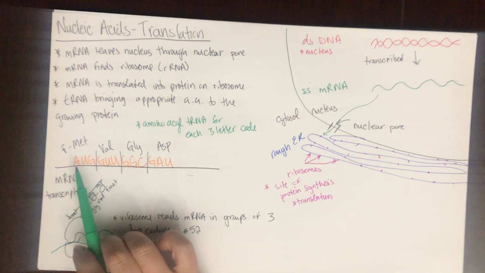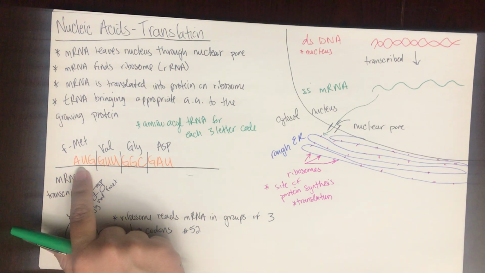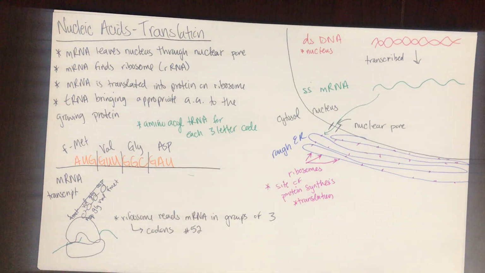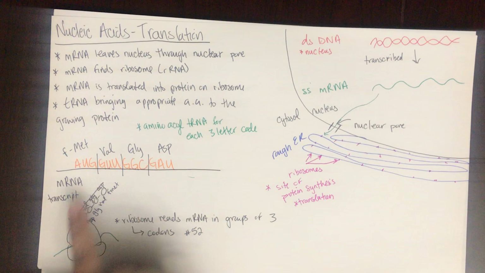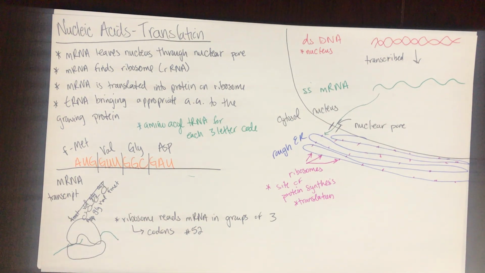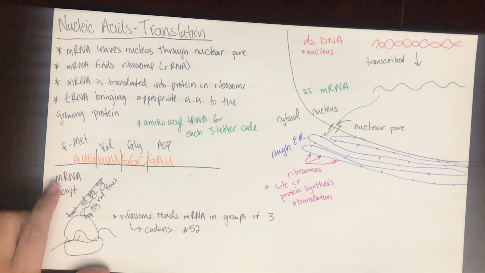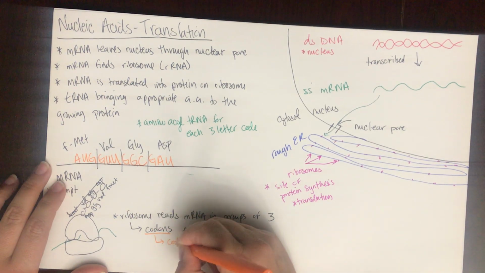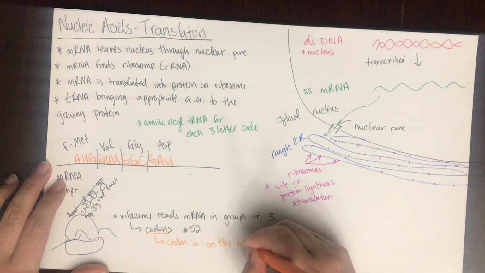So as this transcript is being read, whatever the 3-letter code is, the corresponding amino acyl tRNA is going to bring that amino acid to the ribosome. The codon is on the messenger RNA.